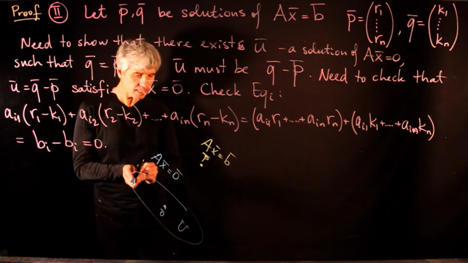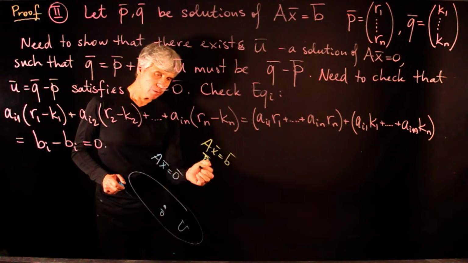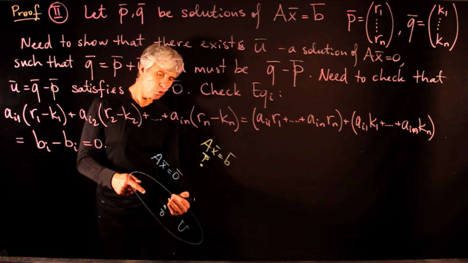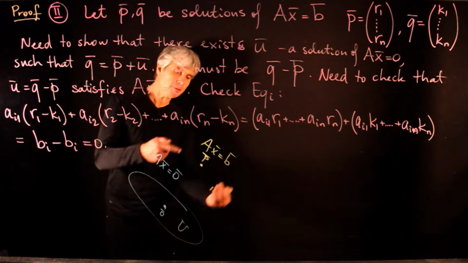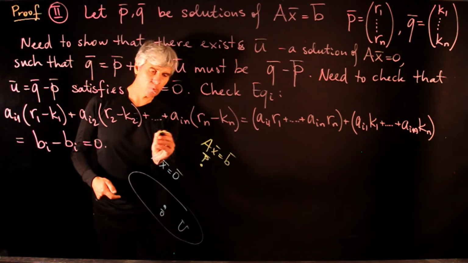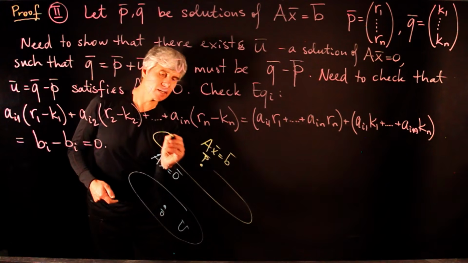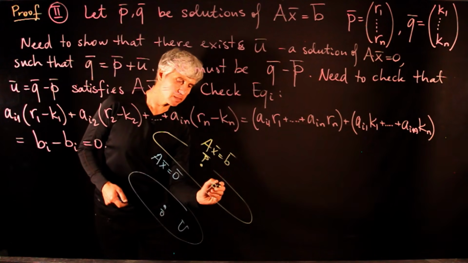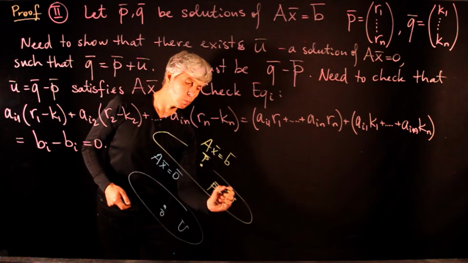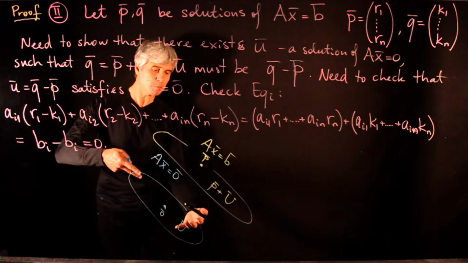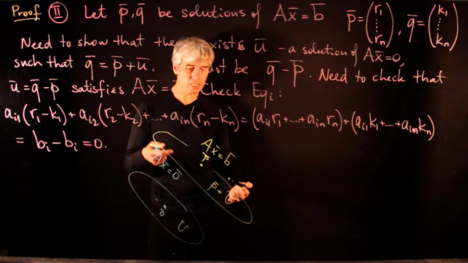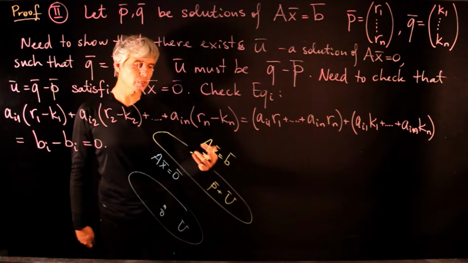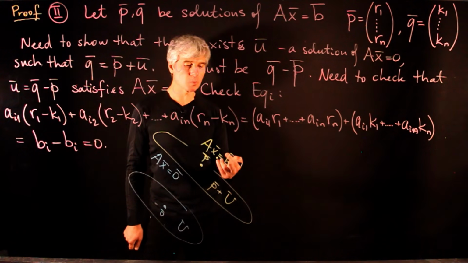Then what we're getting here is that the solution set of Ax equals b is the set u shifted by a vector p. So this solution set can be written as p plus u, right? So we take this subspace and translate it by a vector p. And this gives us the solution set for the non-homogeneous system Ax equals b.